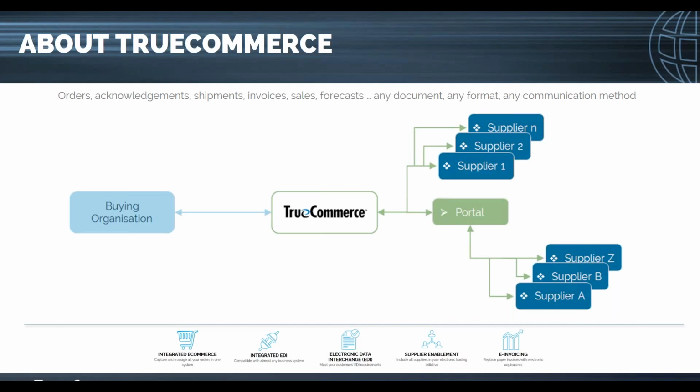So as an example, we might have SAP orders coming in, but the orders going out might be Sage format for one supplier and Navision format for another supplier, or even the ability for suppliers to use the portal to view those orders. And I use orders as an example, but it's any transactional document at all.